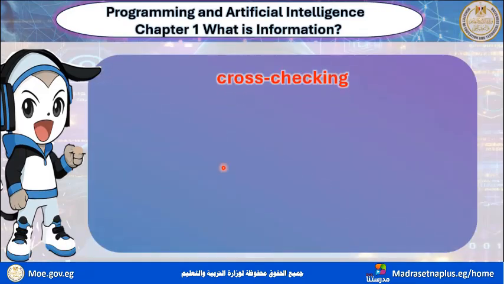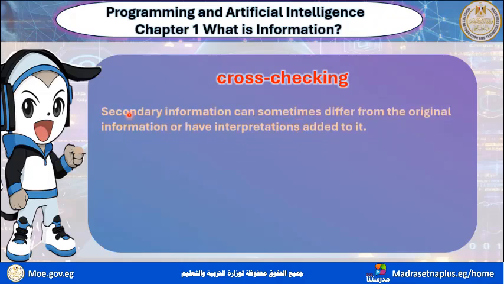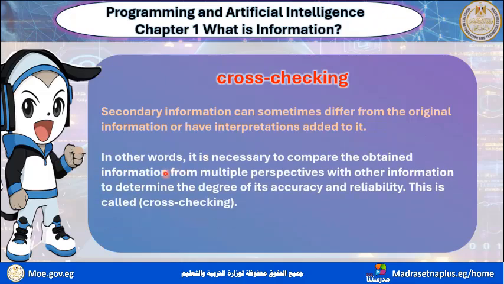Okay, now we have a new definition for you, dear students. It's cross-checking. Well, what's cross-checking? Well, secondary information can sometimes differ from the original information or have interpretations added to it. So it's changed or modified. In other words, it's necessary to compare the obtained information from multiple perspectives with other information to determine the degree of its accuracy and reliability.